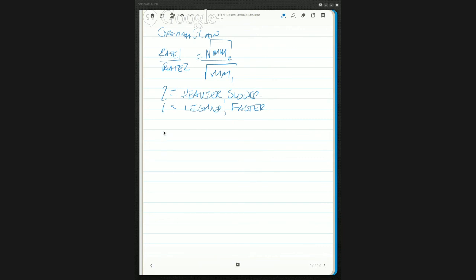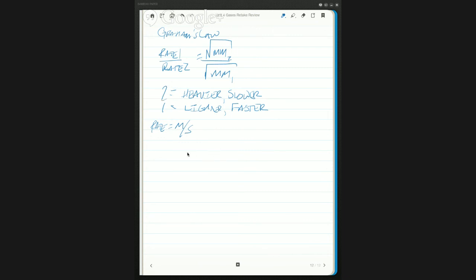All right, so now this is important. Rate, you can see, sometimes is in meters per second, okay? So you could have meters per second over meters per second, which is fine.